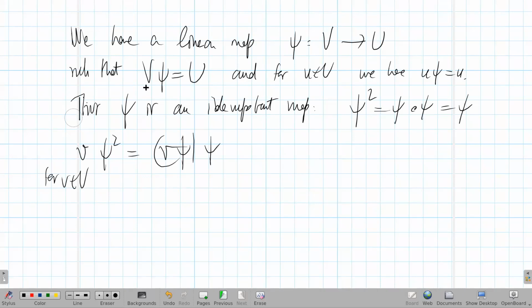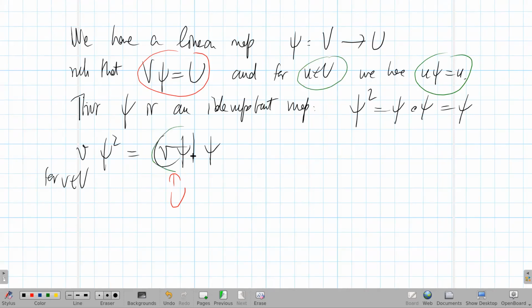But we have seen that once you apply Psi, you obtain an element of U. And we've seen that if you take an element of U and apply Psi, you get U. So the image is in U, and if you have an element of U, U Psi is simply U. We just proved it.